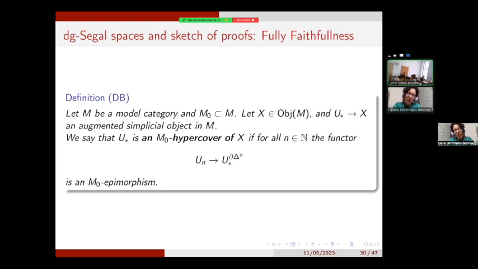So we say that an augmented simplicial object is an M0 hypercover of X if for all natural n's, this functor is an M0 epimorphism.